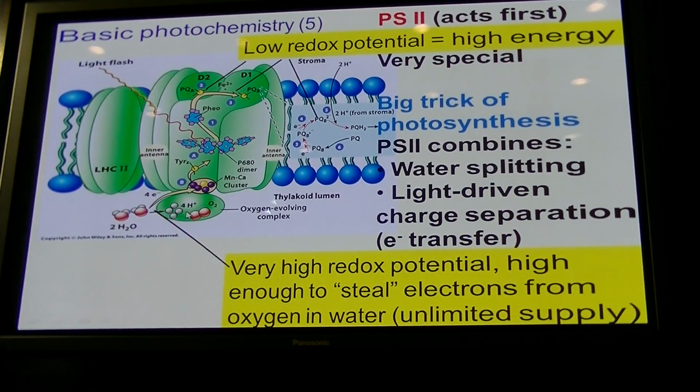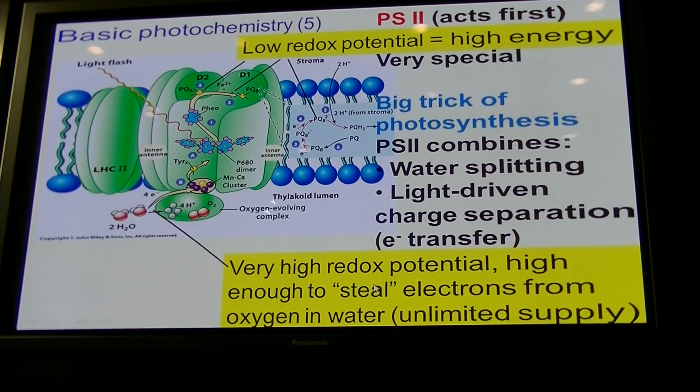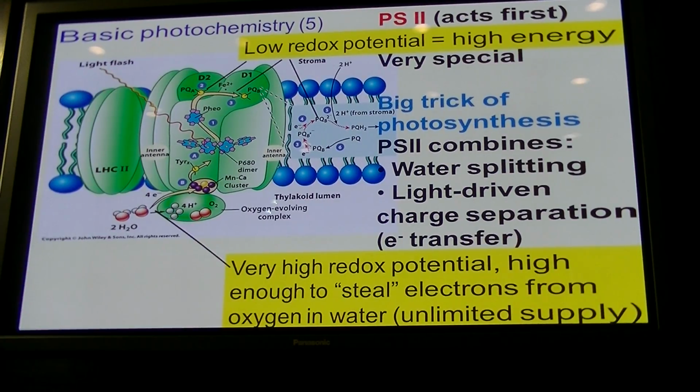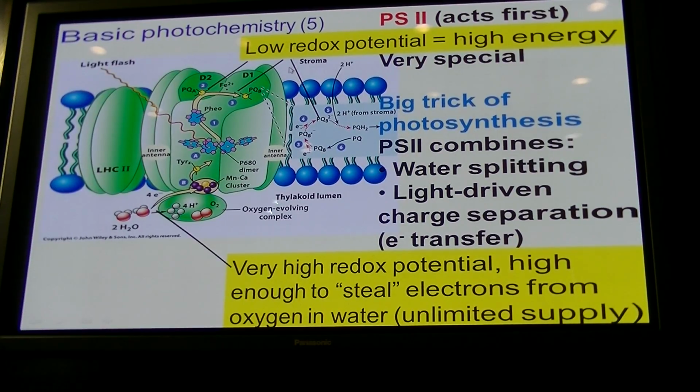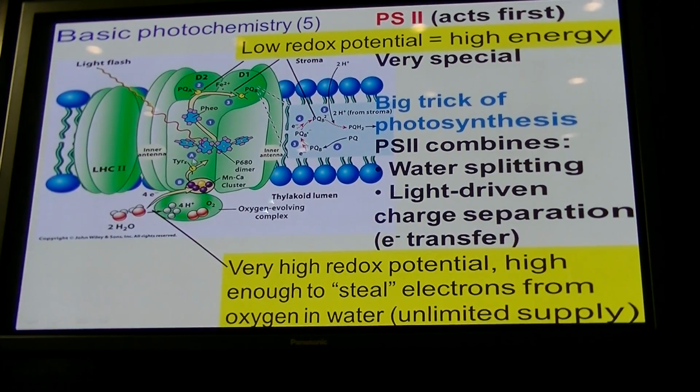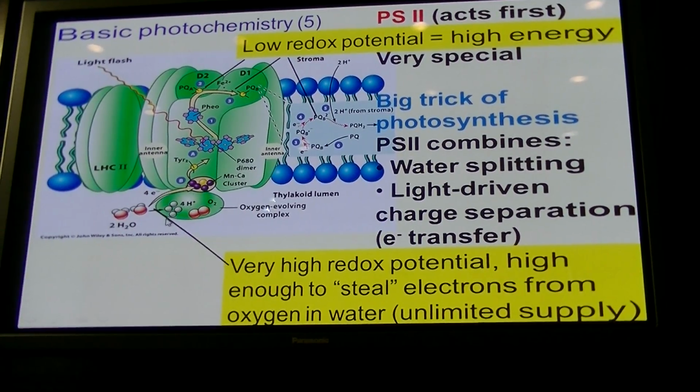The combination of both the very high redox potential and the low redox potential in one protein, which has the two sites with two vastly different redox potentials close together, is something that's very difficult to achieve. Because you can imagine an electron right here really wants to fall back down to water, but that's prevented here.